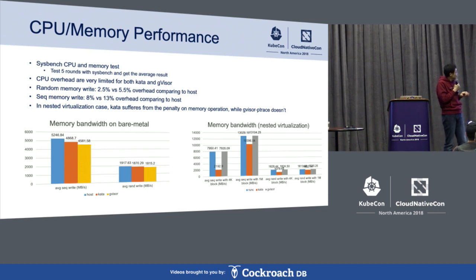But for gVisor, if you use the gVisor ptrace platform, there is no nested virtualization here, so there's no difference in memory performance. That doesn't mean gVisor will have better performance in every area, but if you talk only about memory performance, gVisor in the nested case looks pretty good.